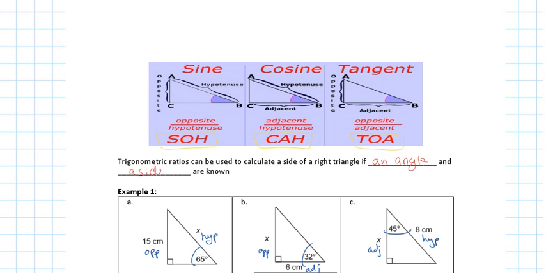So I need to know an angle, and I need to know a side so I can find the other side. Let's look at some examples.